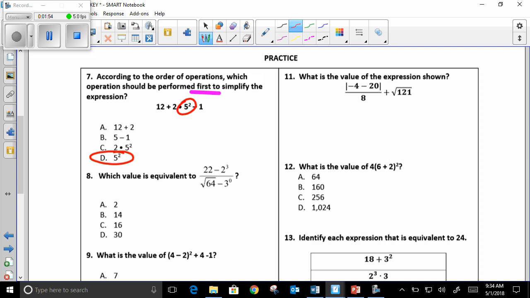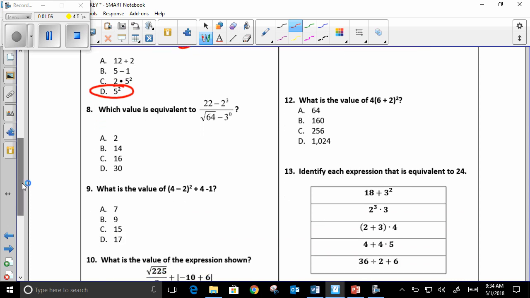All right, number 8, which value is equivalent to the following problem? There's a couple of things here that you have to remember from past knowledge that you learned a while ago. Who has the answer to this one? David? Somebody?